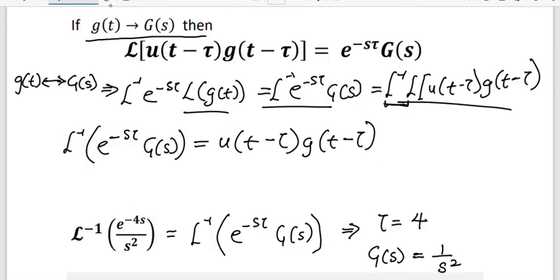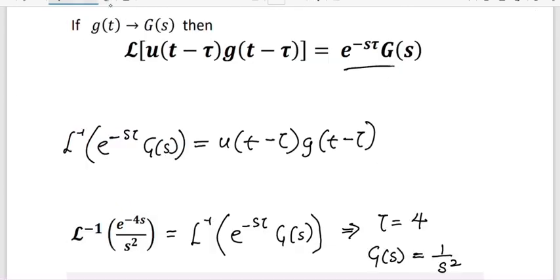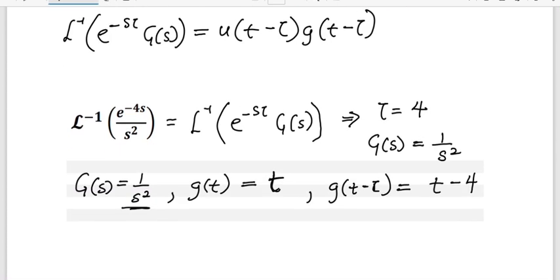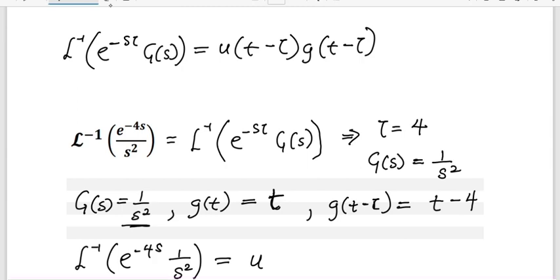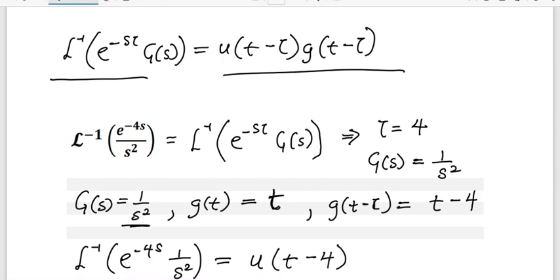Apply this theorem. Okay, so we have this, and we want to get to this point. Everything we need is here, so we can easily do that. The Laplace inverse of e to the negative 4s times 1 over s squared is simply going to give us u(t minus 4) times g(t minus tau).